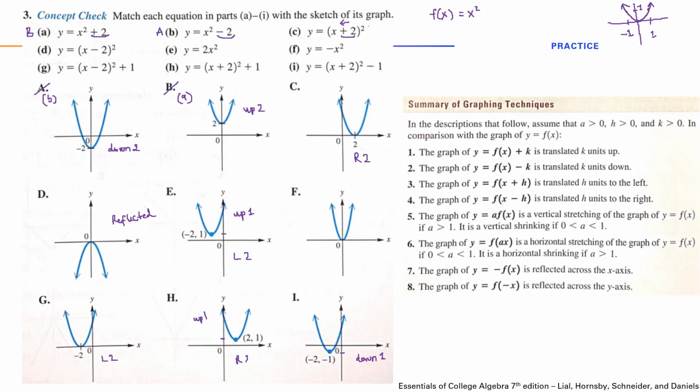This is right 2 units. This is left 2 units. So we move to the left 2 units without changing anything else. So G should be the right choice.